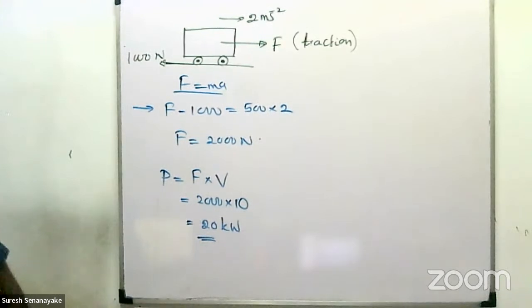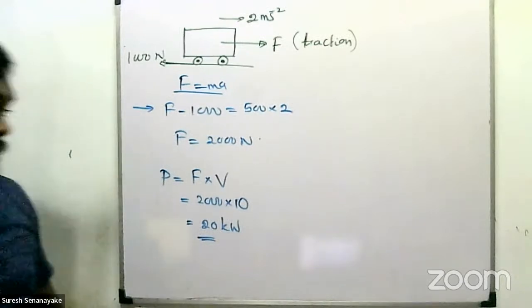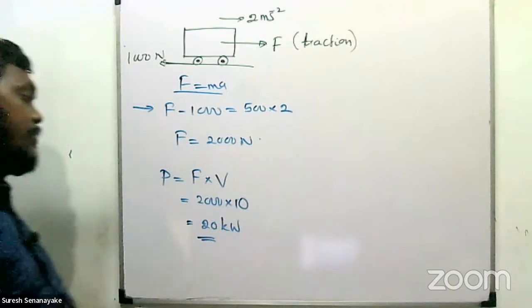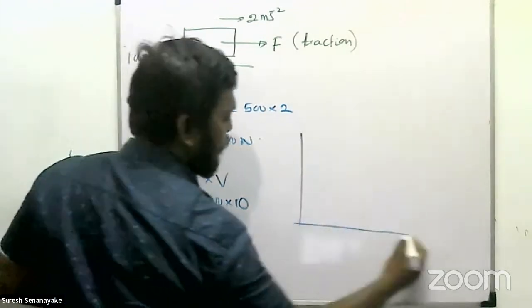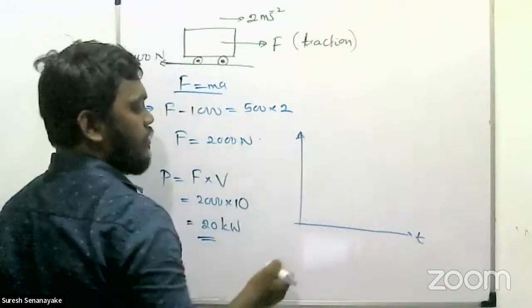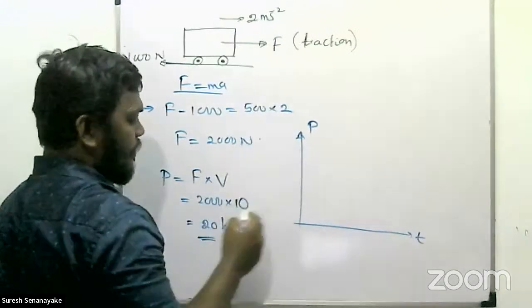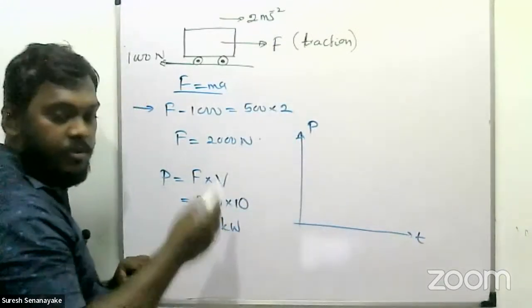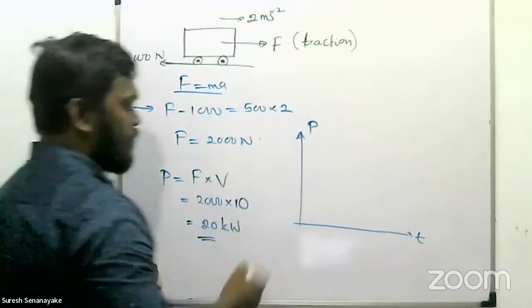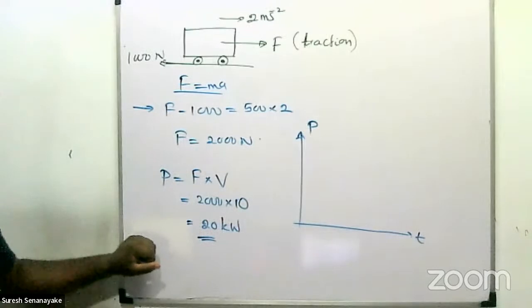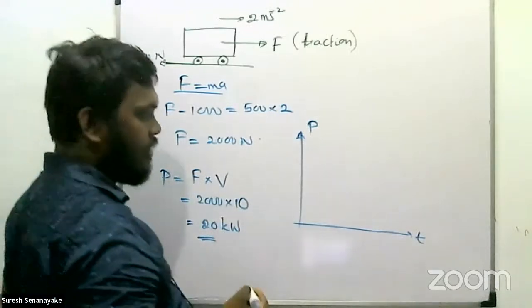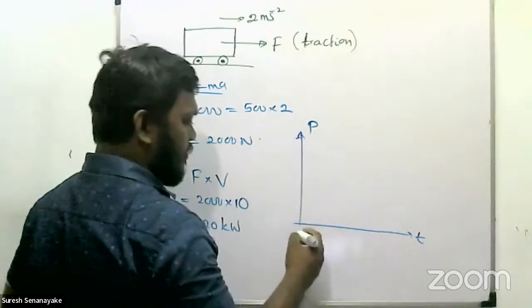Then the vehicle, normally we know that the vehicle is moving on an incline. Sorry, here there's power, and the graph we also need to draw, right? Time, power. When it accelerates, the velocity increases with time at a constant rate, because of constant acceleration.